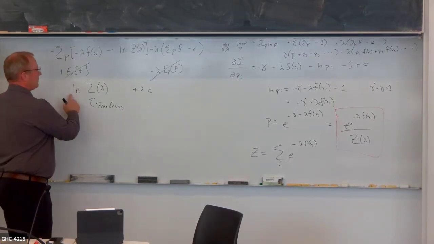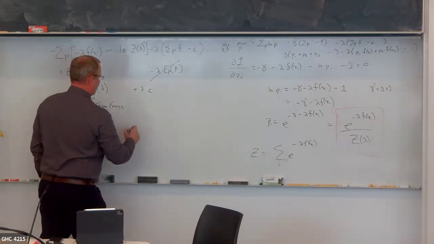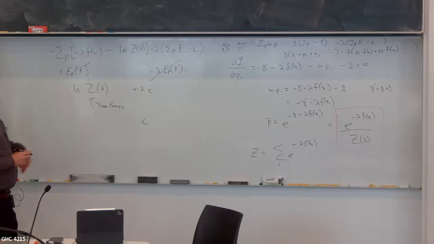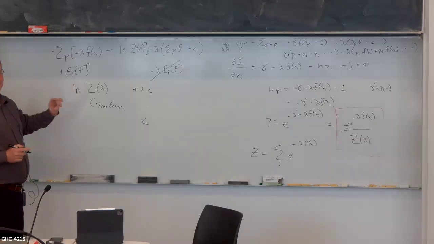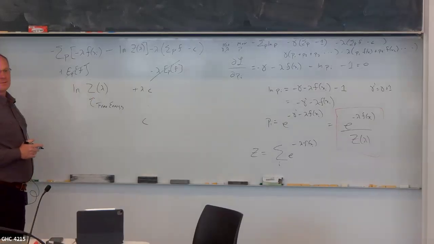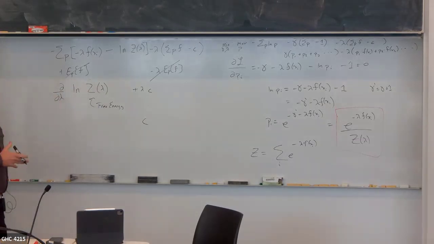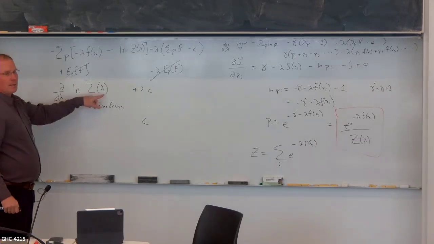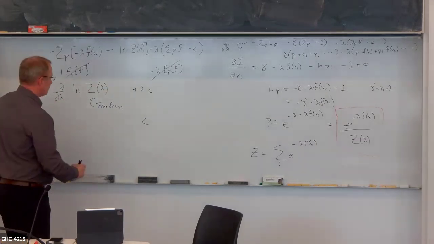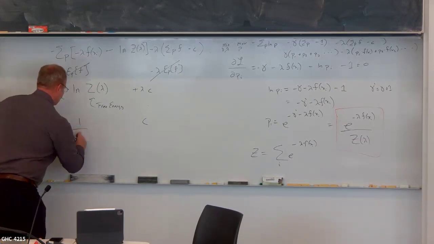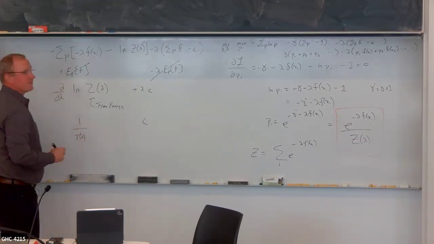Okay, so if I compute the gradient of this thing with respect to lambda, what do I get? I get a c, right? Now this is the magic trick. I'm gonna go d lambda of this thing. It's just one variable, right? What happens when I do the derivative of a log? What do I get? 1 over Z(lambda). Good. And then the derivative of the inside.